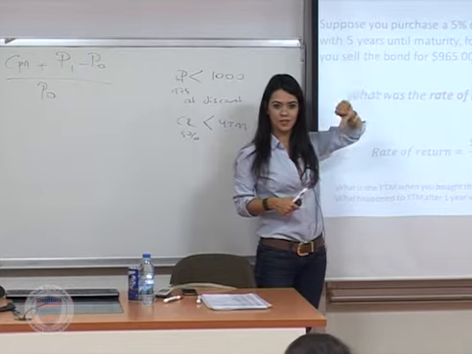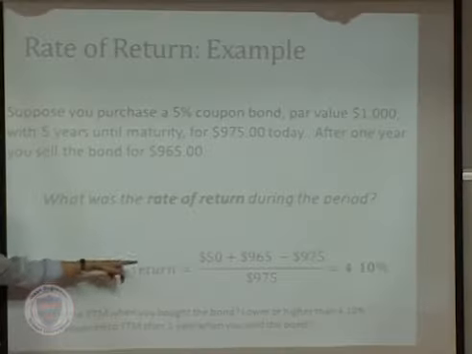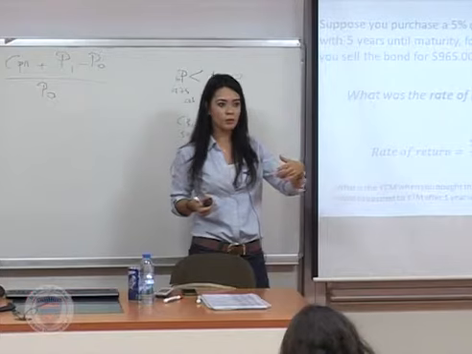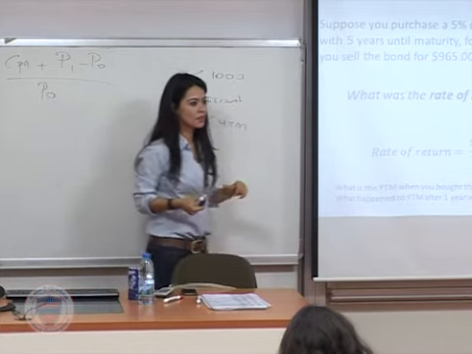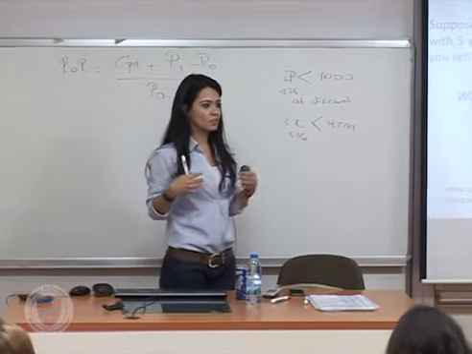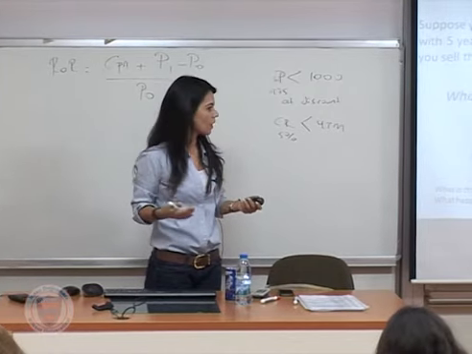Remember the relationship: the price decreased, so yield to maturity in the economy changed, and your return changed because of that.